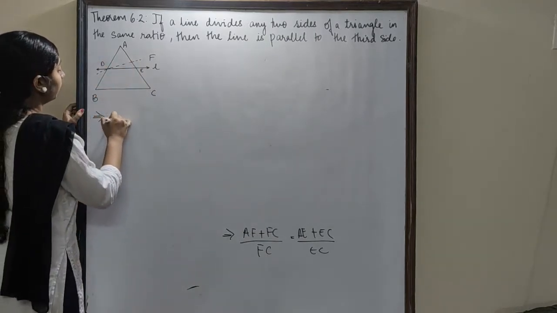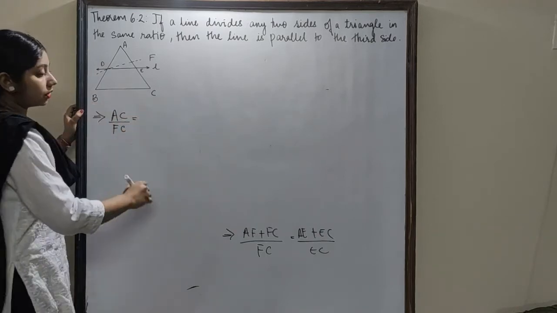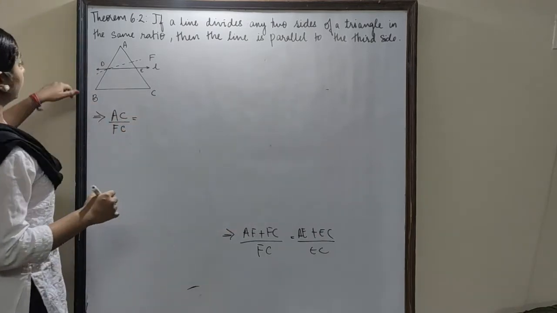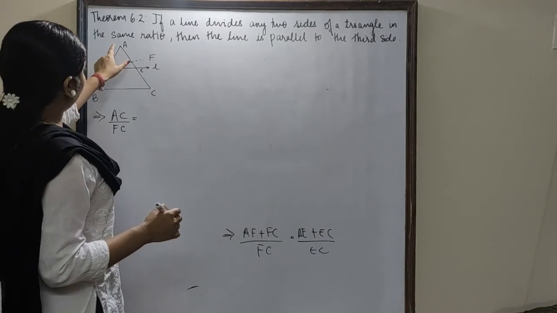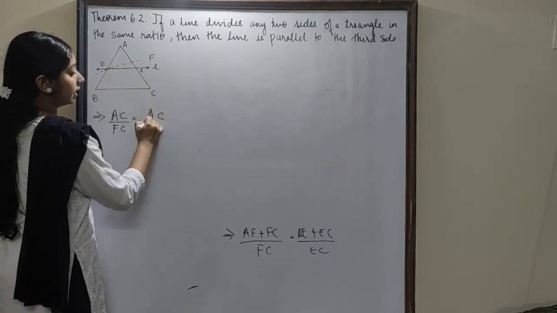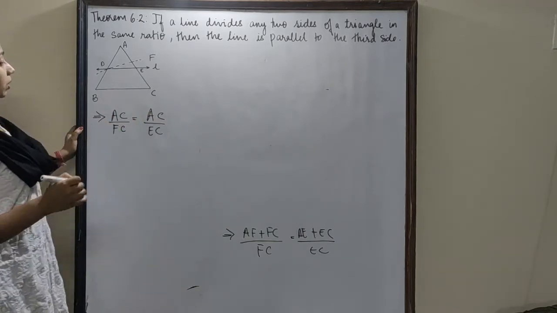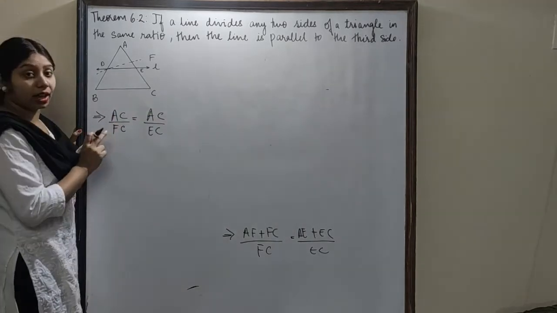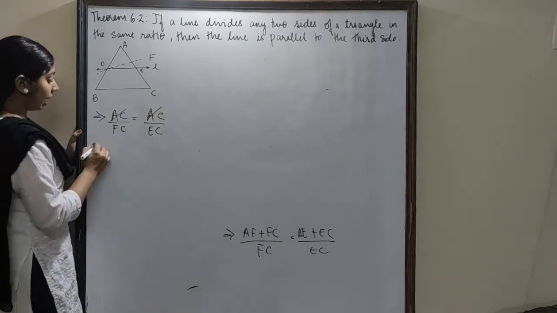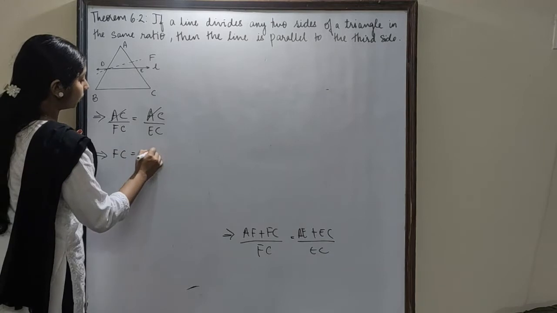It is giving you AC upon FC, which is equal to AE plus EC, which is also AC upon EC, right? Now you can see on both sides we have AC and AC. If we cancel this, what do we get? FC is equal to EC.